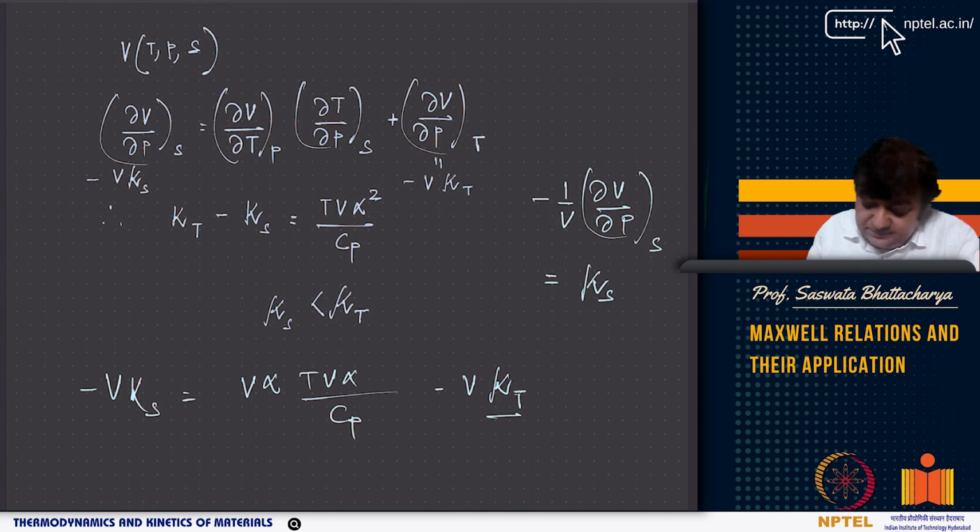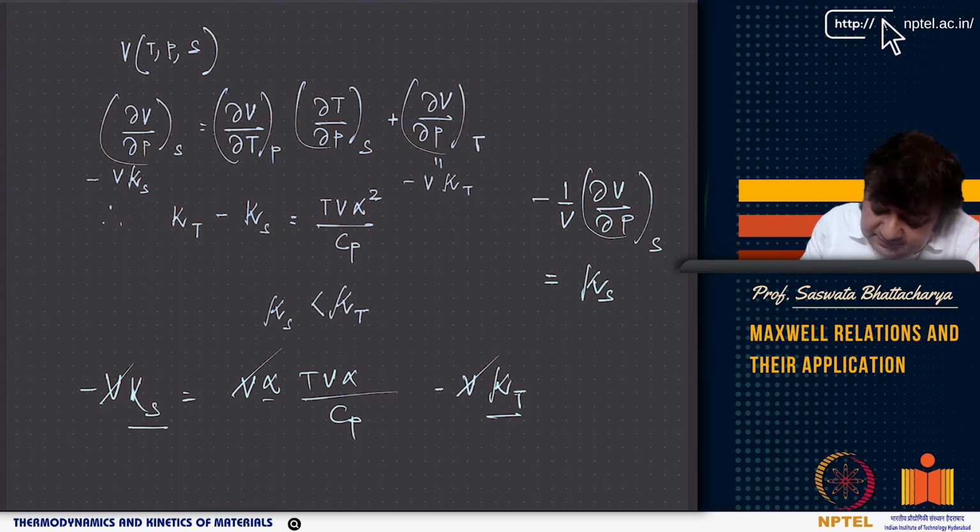So this is isothermal compressibility, this is adiabatic compressibility. You can take out one of the V's. Now what happens is kappa T minus kappa S is basically going to be TV, you have 2 alphas, TV alpha squared by Cp.